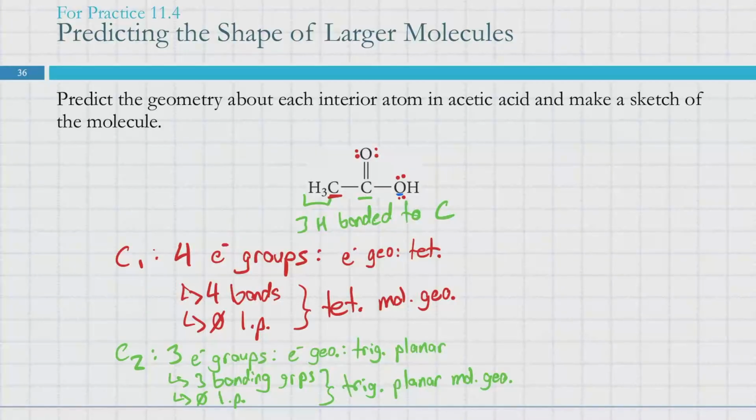And last but not least, our oxygen. How many electron groups do we have on our oxygen? The one on the right. Electron groups.